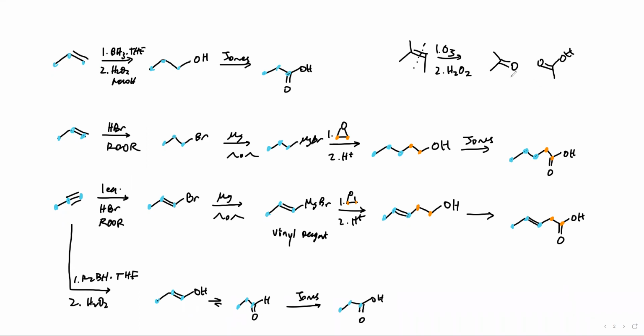So this is also another way to lose carbons. Here we start off with 1, 2, 3, 4, 5 carbons. We end off with only 2 carbons in our acid. But considering that you guys didn't explicitly learn this reaction, I wouldn't bank on this one being your first top pick.